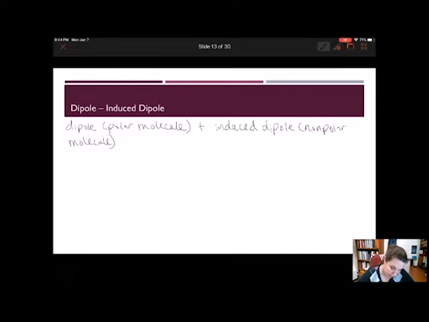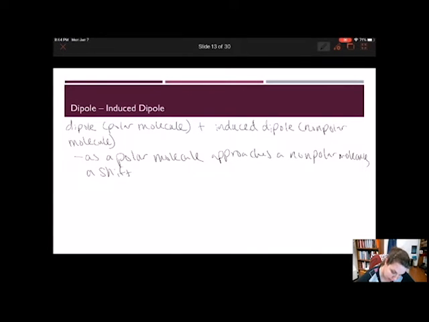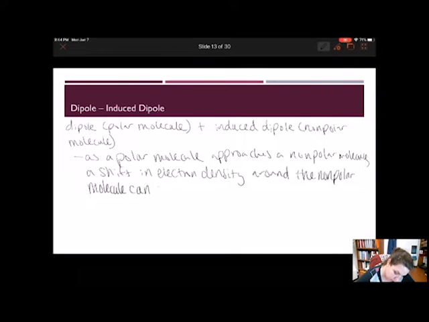So, as a polar molecule approaches a nonpolar molecule, a shift in electron density can occur, resulting in an induced dipole.